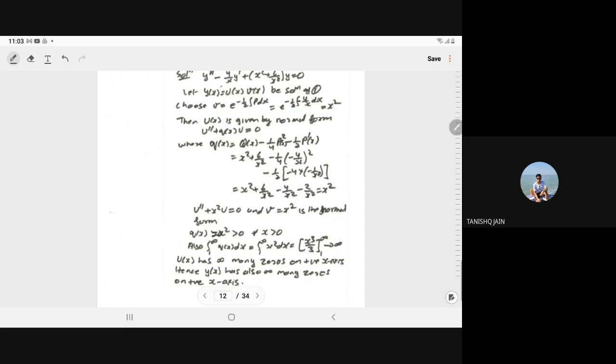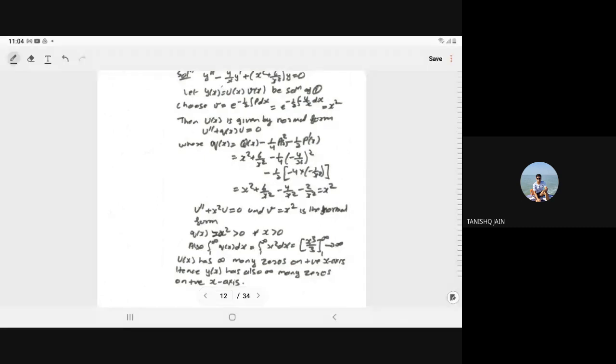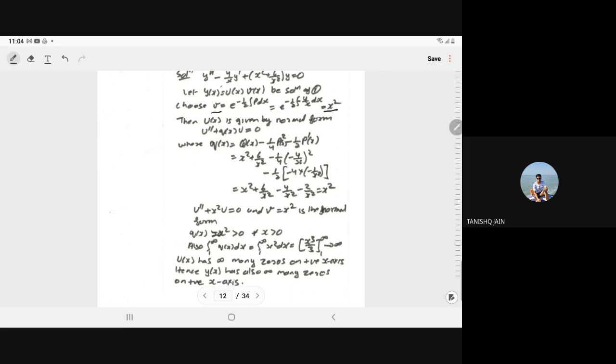So minus half integral of minus 4 upon x dx gives you the integral of 2 upon x, which is 2 log x. So it will give you x square. Here we have v is equal to x square. Last class we derived this: v is equal to e to the power minus half integral p dx.